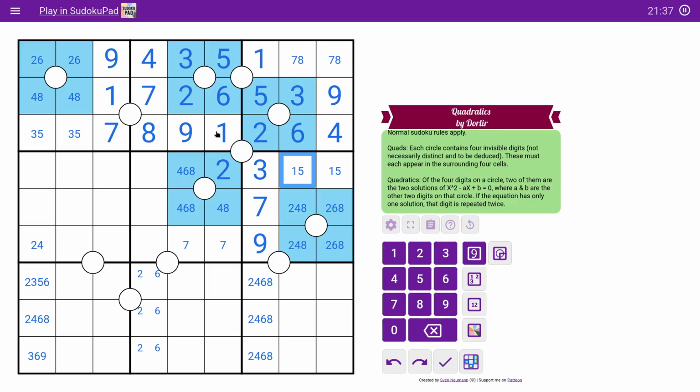Just double checking I didn't miss a digit. 1, 2, 3, 4, 5, 6, 7, 8. Yes, okay. And the only way to have a 9 is with 3, 3, 6, 9, which would require both of these being 3, when clearly neither are. Or with 1, 8, 8, 9. Oh, and there's no 2 there, obviously.